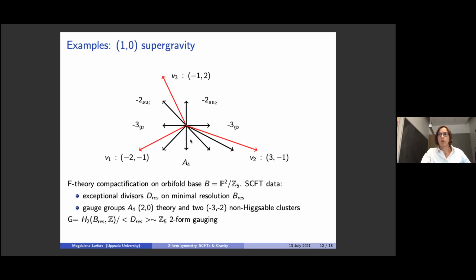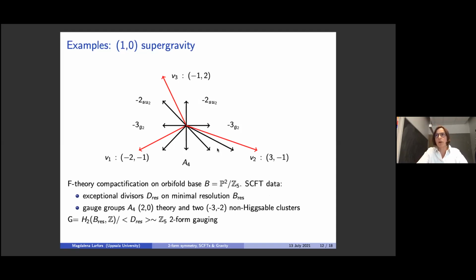So with these resolution divisors, the base becomes smooth, but something funny is happening in the fiber, and I get these enhanced gauge groups. So the SCFT data in this example is that we have these exceptional divisors and associated gauge groups with them.